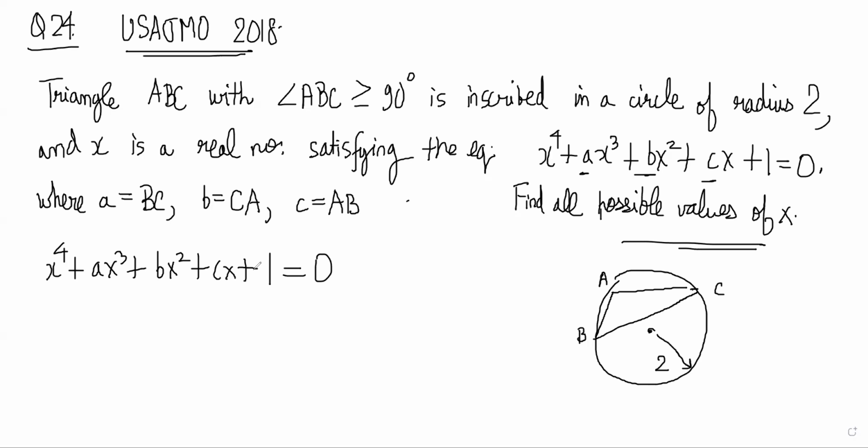Now, if you want, you can write this expression in terms of perfect squares. So what I can do here is this is equal to x square plus a by 2 x, whole square, which is basically x power 4 plus a square by 4 x square plus 2 into x square into a by 2 x.